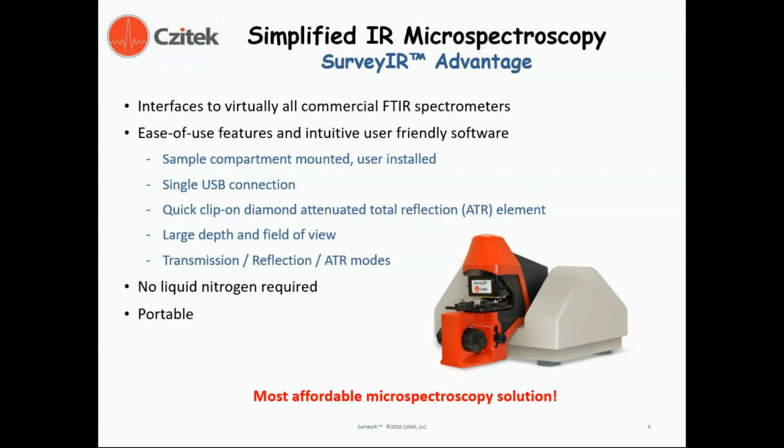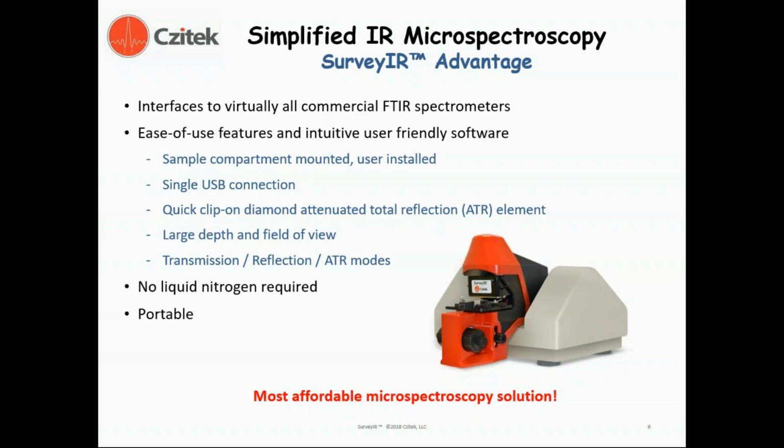It receives all of its power and data connection via a single USB 2.0 connection. Also with the system, we've developed a clip-on diamond attenuated total reflection element that allows you to record spectra and view samples through the diamond ATR element.